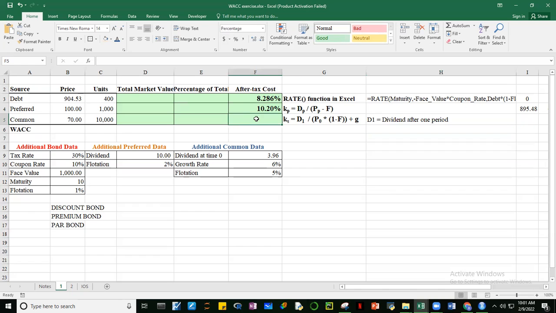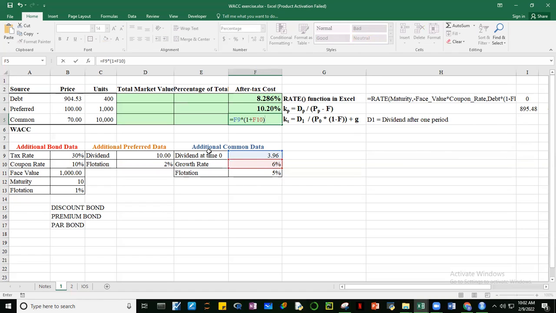Okay, so let's compute for this. Ang alam natin D sub 0 is 3.96. But the dividend is expected to grow by 6%. So D1 will be equal to D0 times, mag-grow siya ng 6%. So this is D1, guys, dividend after 1 year.